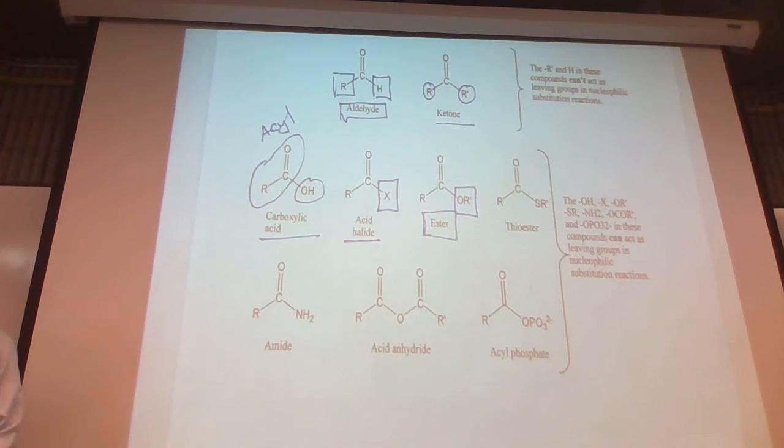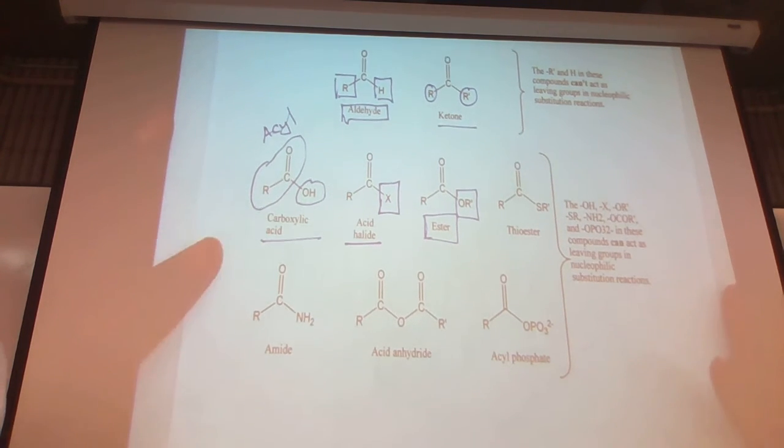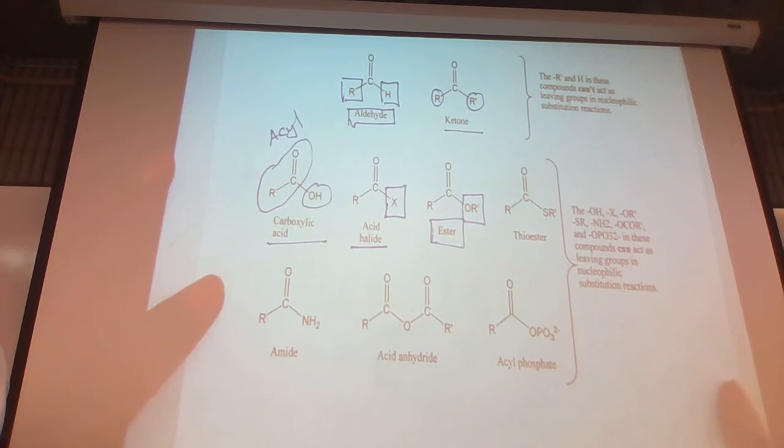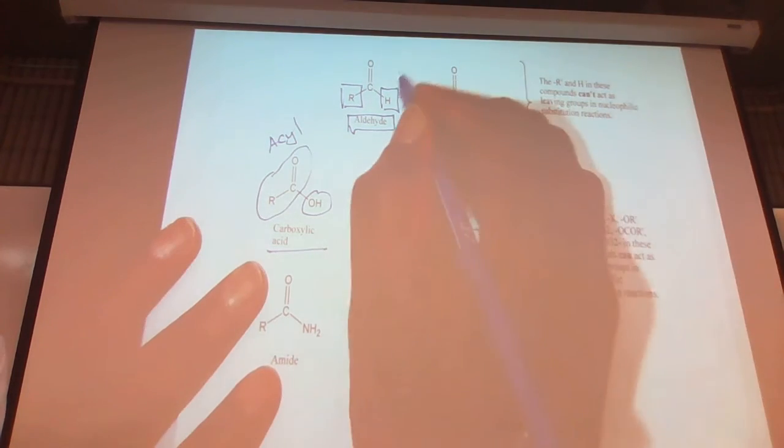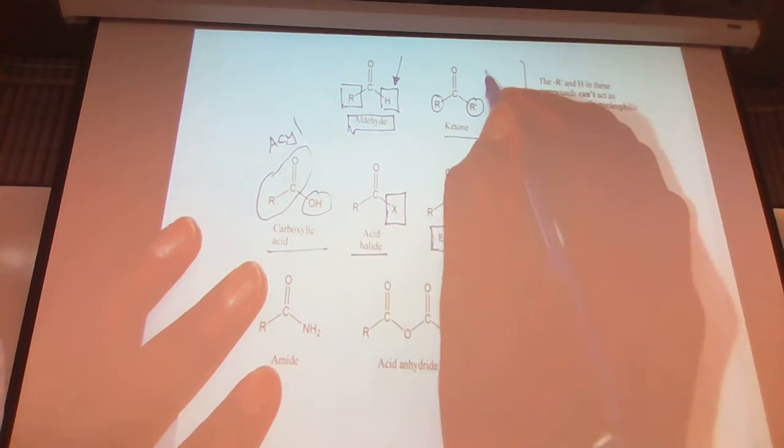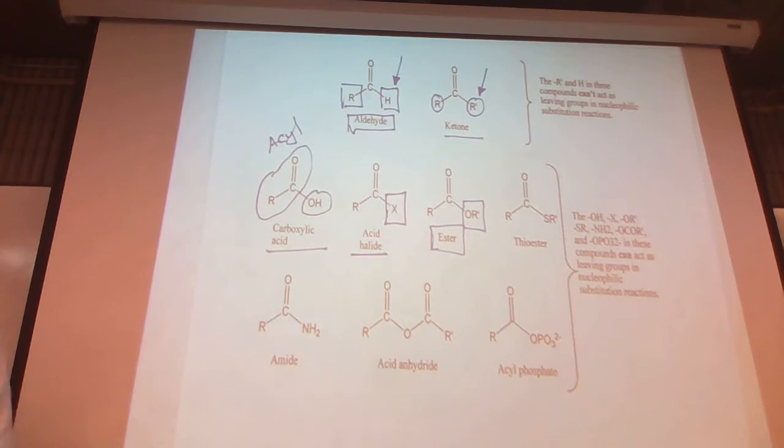Now, the chemistry that these groups undergo is a result of what you have connected to the acyl group. If you look at the aldehyde and the ketone, the acyl group has an alkyl or hydrogen connected to it, which is a poor leaving group.